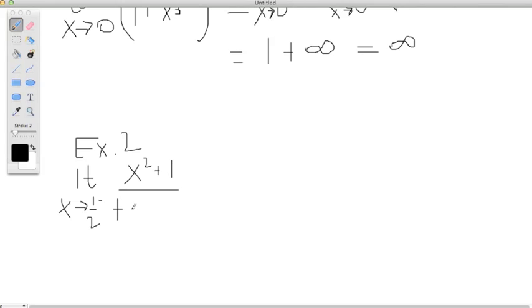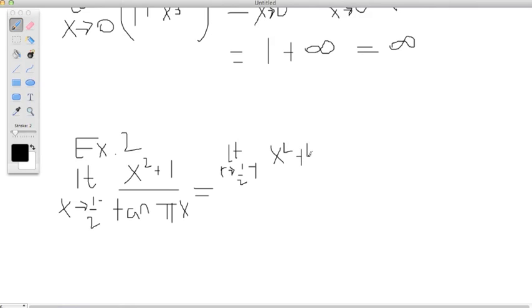Again, you split it up, so you do the limit as x approaches 1/2 from the left of x squared plus 1, and the limit as x approaches 1/2 from the left of tangent pi x.